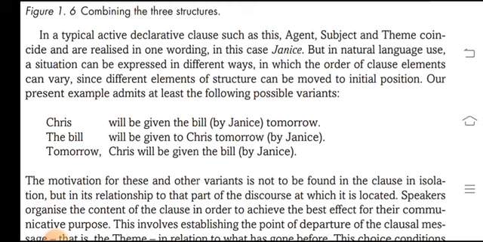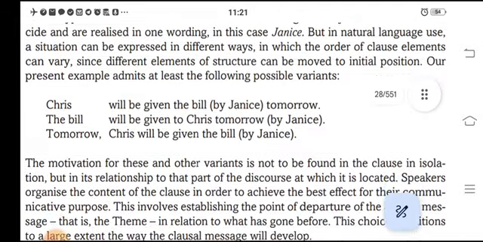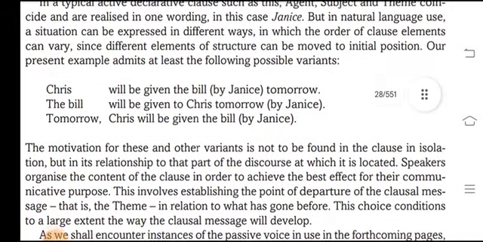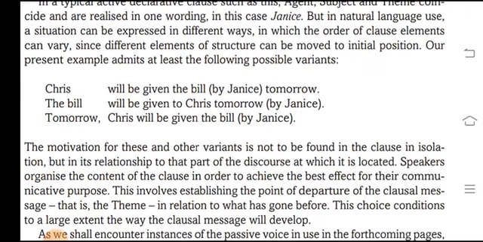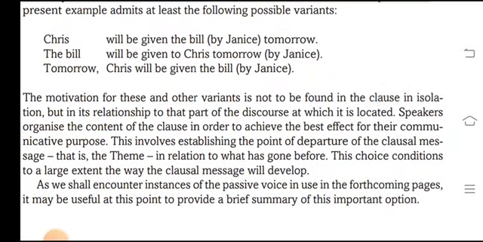But in natural languages the same situation can be expressed in different ways, in which the order of the clause elements can vary, since different elements of structure can be moved to the initial position. Our present example admits at least the following positional variants: Cherries will be given the bill by Jenny tomorrow; The bill will be given to Cherries tomorrow by Jenny; and Tomorrow Cherries will be given the bill by Jenny.